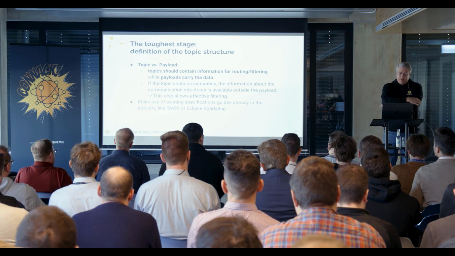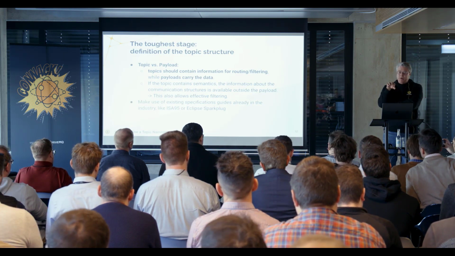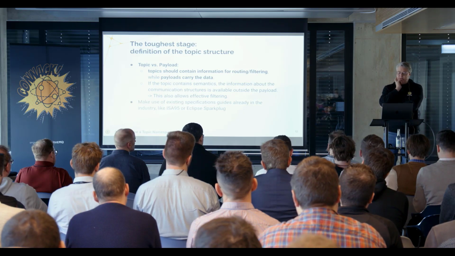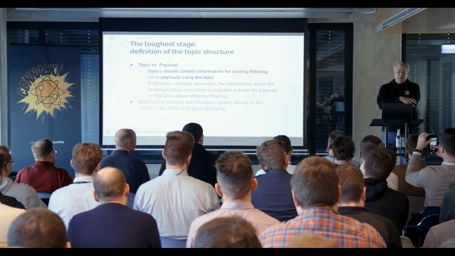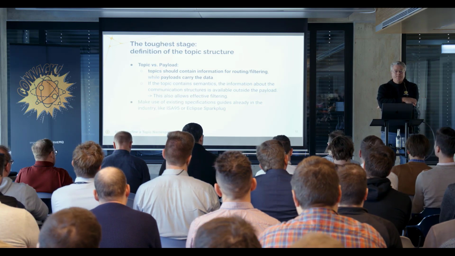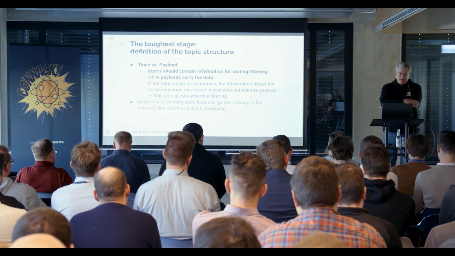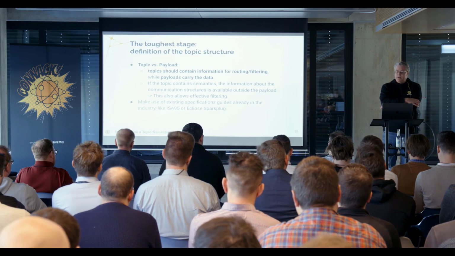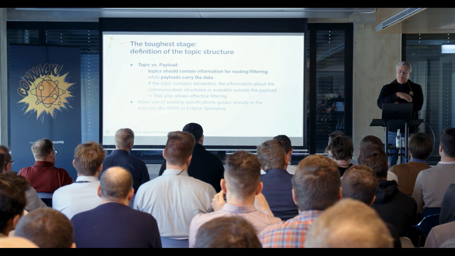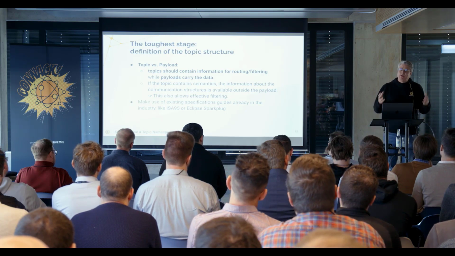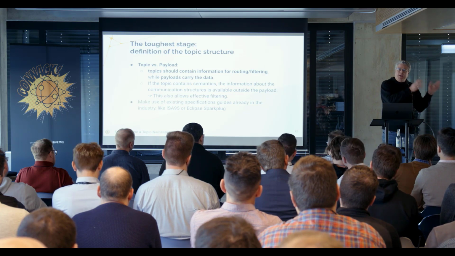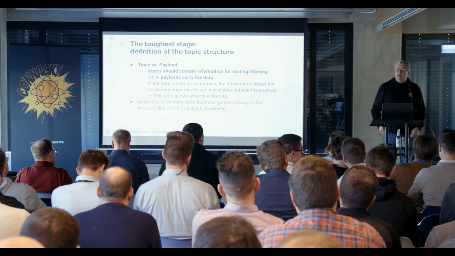And if the topic already contains some semantics, this is key to being able to filter effectively for the data you're looking for. You can also make use of existing specifications as a guideline. So if you're not happy with the current feature set of Sparkplug, you can for sure use the specification itself and modify it to your needs.